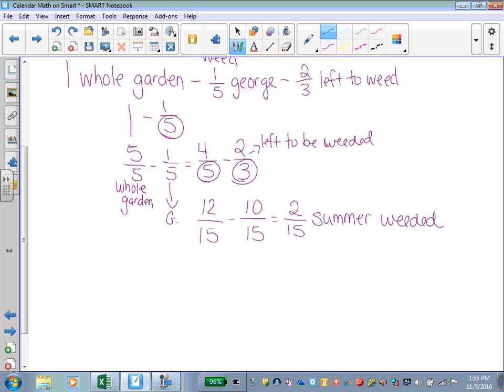And recognize that this 2/3 then became equivalent to 10/15. So this 10/15 is still what is left to weed. So then when you subtract the 12/15 that was left after George weeded minus the 10/15 which was left to weed, it equals 2/15 that Summer weeded.